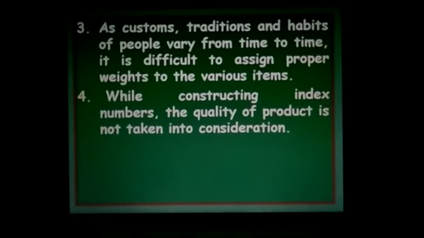So if you are considering the price of the commodity, or the quantity used, irrespective of quality, it is not good. It will be meaningless. Generally, if you consider any commodity without specifying quality, it will be meaningless. Usually in the construction of index numbers, the quality of the product is not considered. That's why we are rating it to be a limitation.